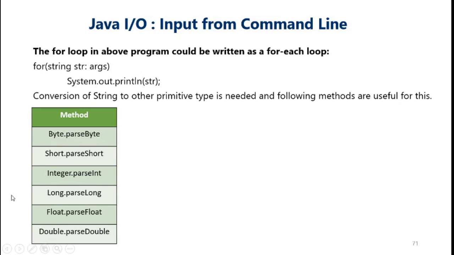And parseDouble returns the double equivalent of the string. So we can make use of these conversion methods for converting values from string to other primitive data types.